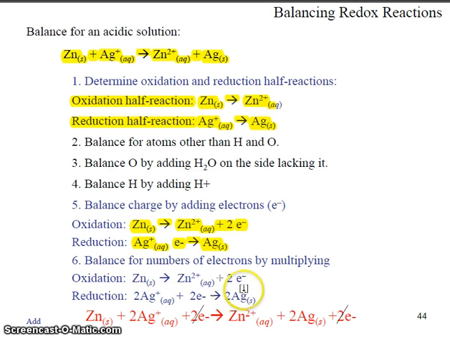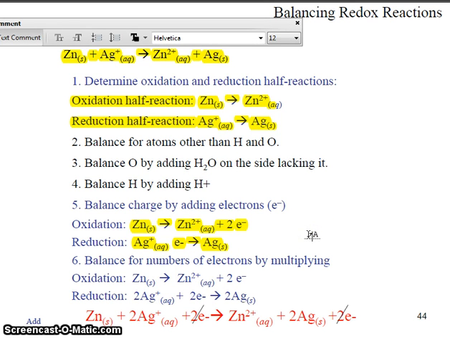Upon addition, it will look like Zn plus 2 Ag+, of course we have 2 electrons here, plus 2 electrons, giving you Zn2+, and I'm taking silver, which is solid, that's the reduction product, and of course I have the 2 electrons here as well.